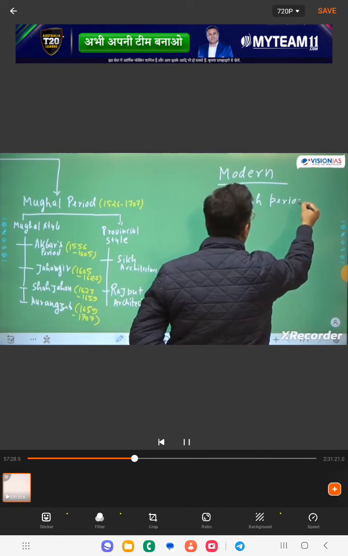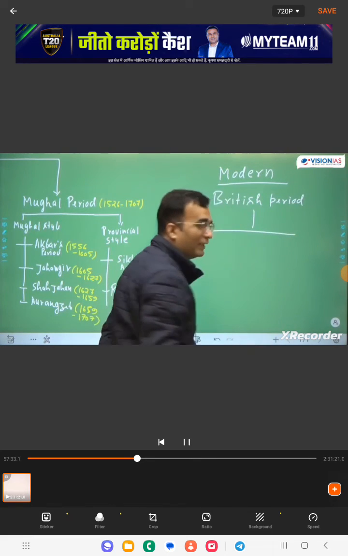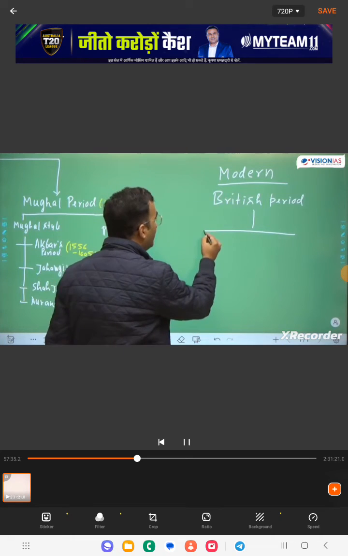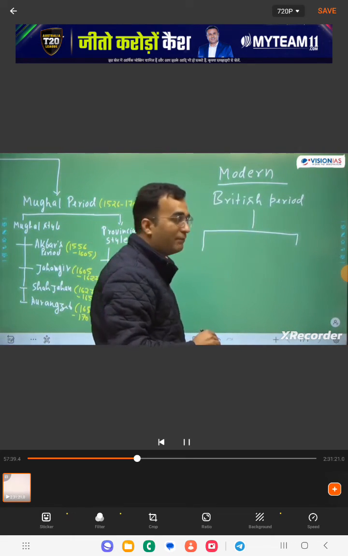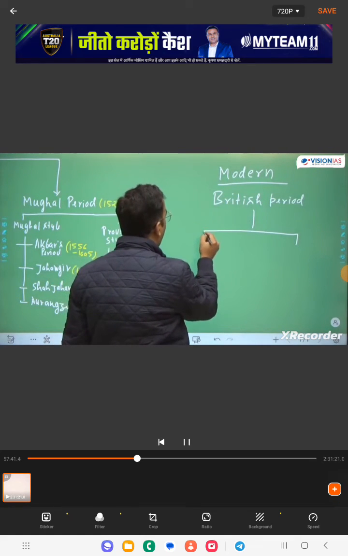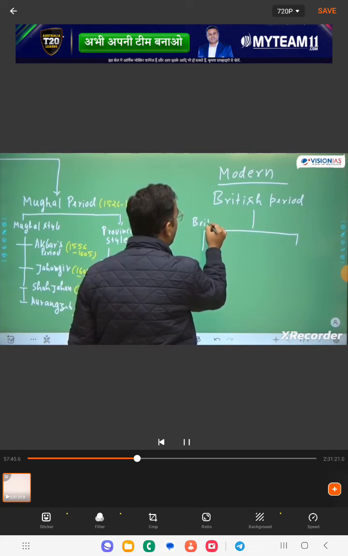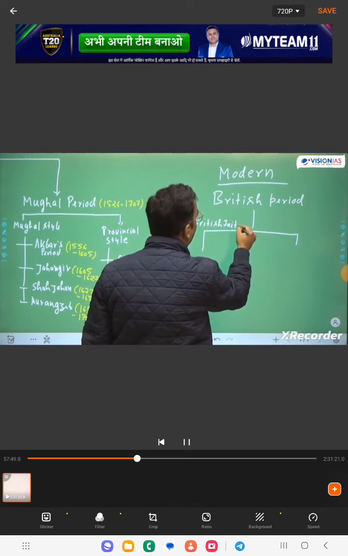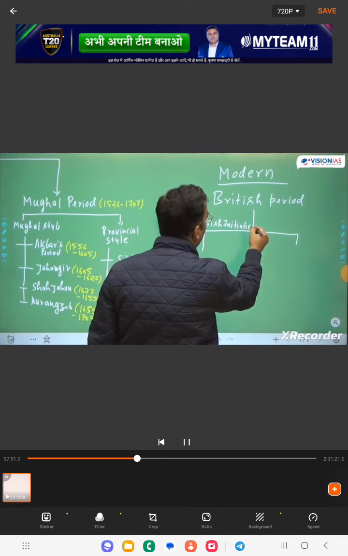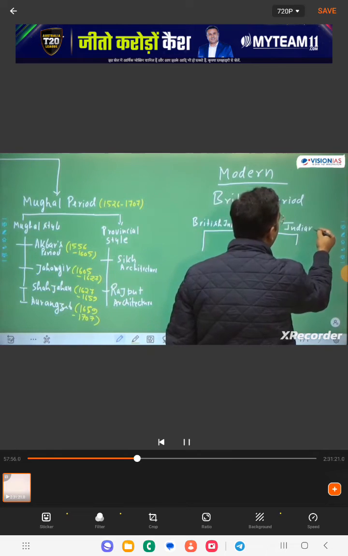Basically there are two things we will be studying: the initiative of the Britishers and then the Indian initiative. So here also two divisions I am making. At the very first place we can write British initiative. And this part I would mention Indian initiative.